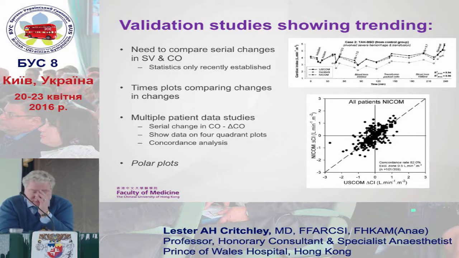What it fails to tell us is how well does the machine measure a change in cardiac output following treatment, which is what we really want to know in anesthesia.